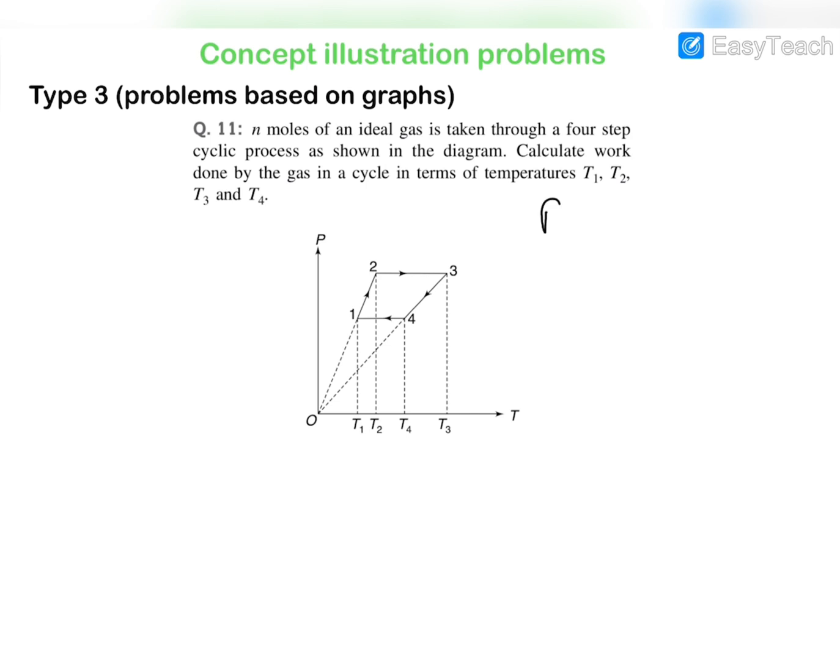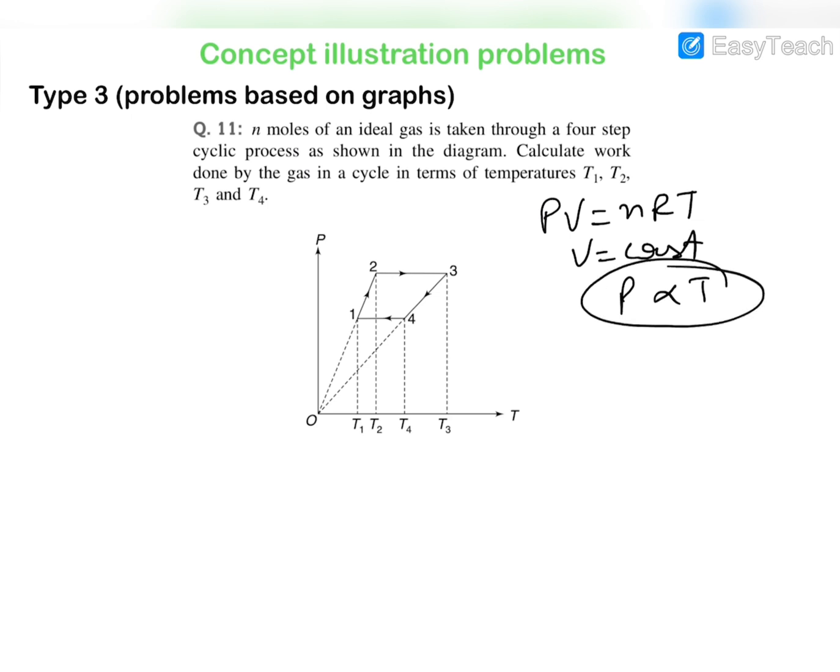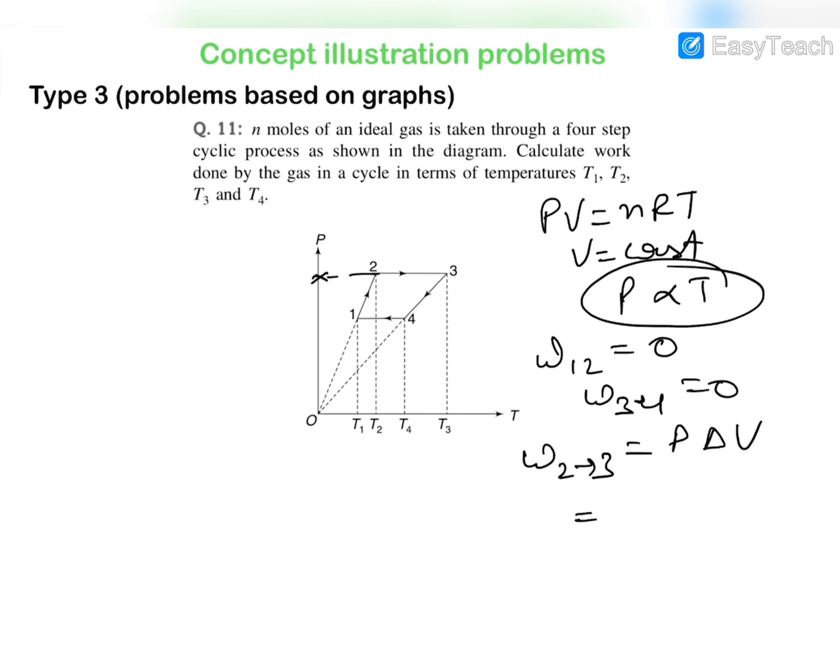So we know that PV is equal to nRT, and when V is constant, then the PT graph is a straight line graph. Therefore we can say that in process 1 to 2 the work done will be 0 because volume is constant, and in process 3 to 4 the work done will be 0. Now in process 2 to 3 the work done will be P delta V, and let us suppose that P is PB.